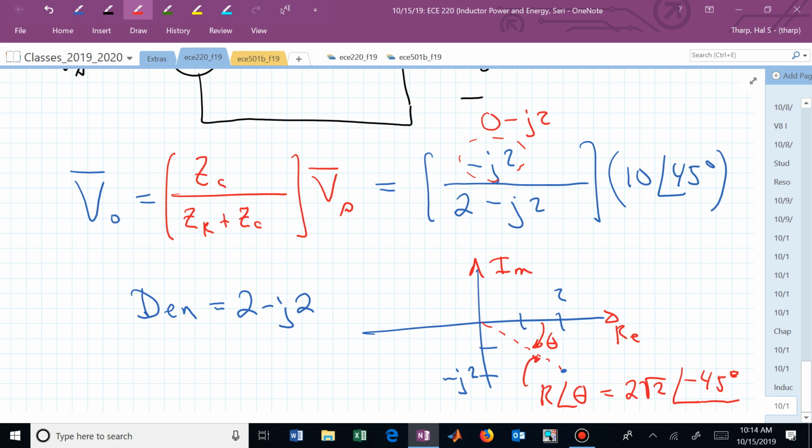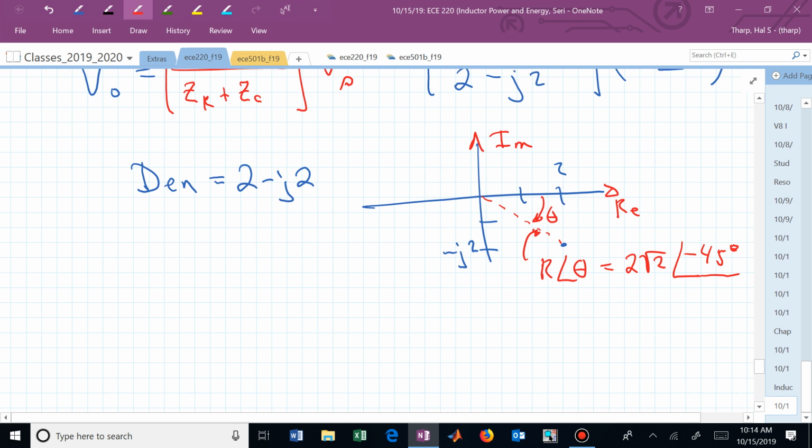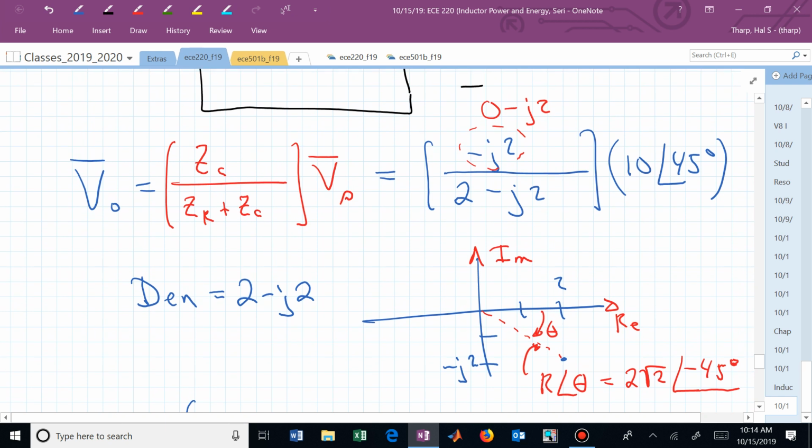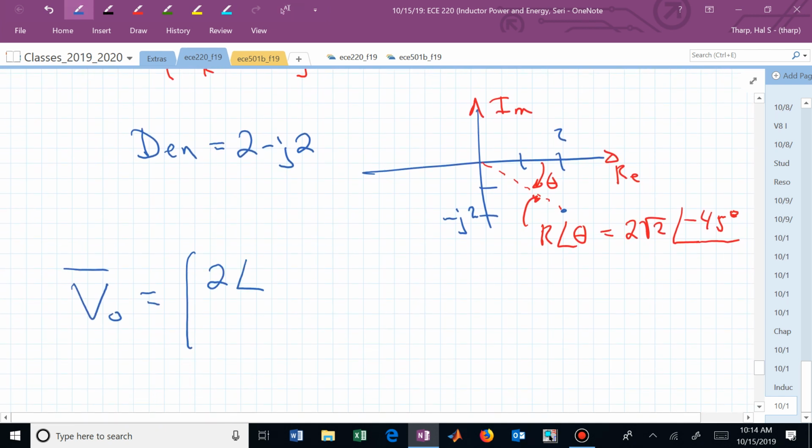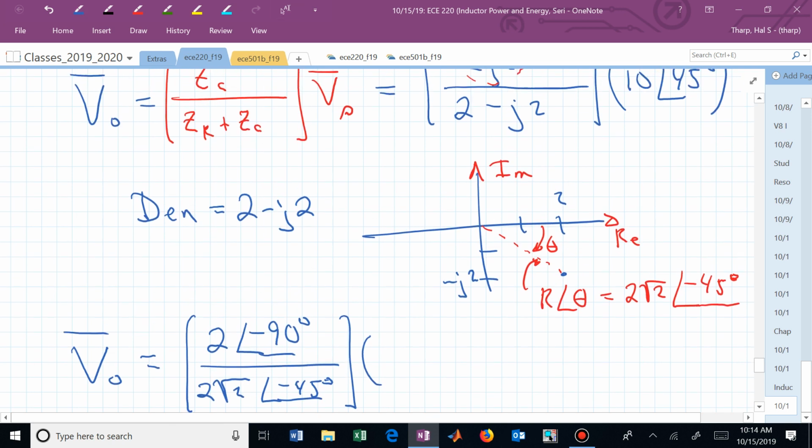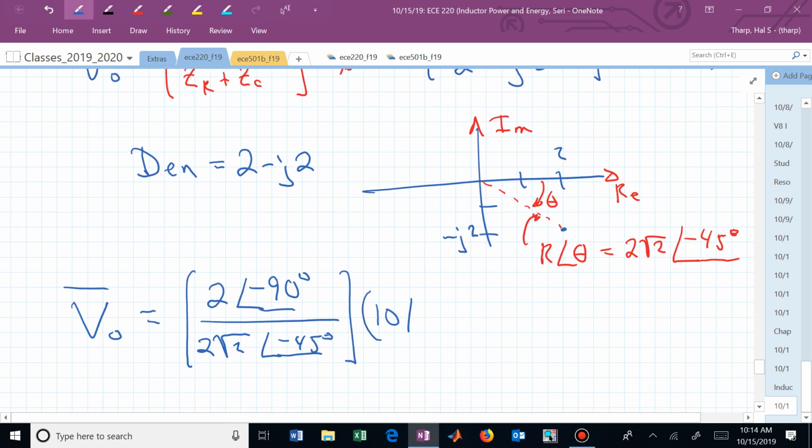We can now rewrite this expression for V sub 0. V sub 0 is now, what did we say? 2 at minus 90 degrees. The denominator we just found was 2 square root of 2 at minus 45 degrees. And that's multiplied by 10 at an angle of 45 degrees.